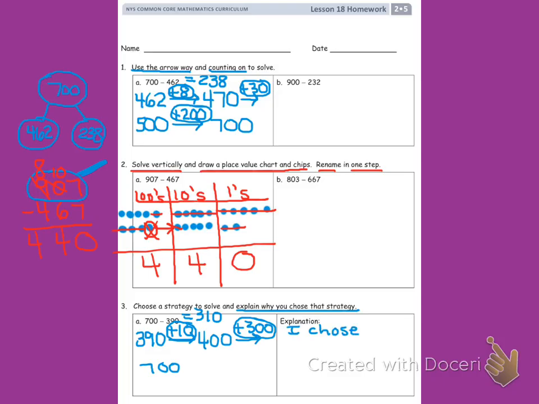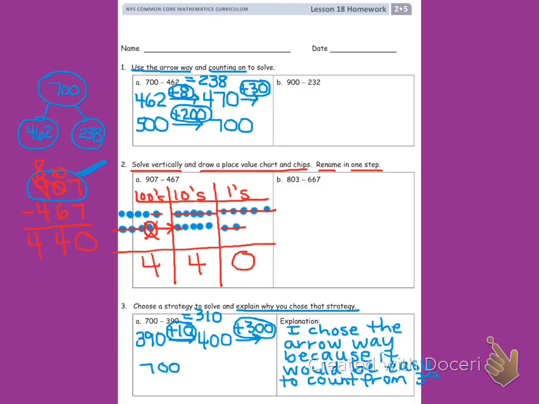I chose the arrow way because it would be easy to count from 390 to 700, since 390 is already a 10.